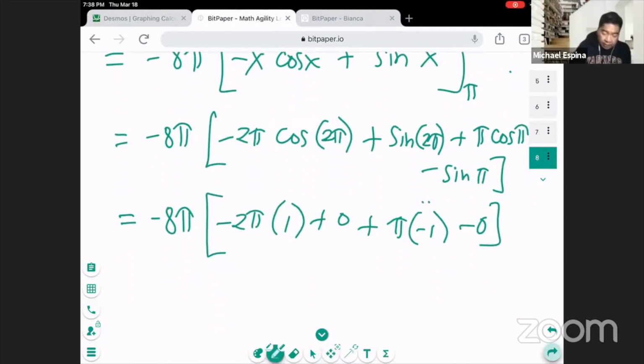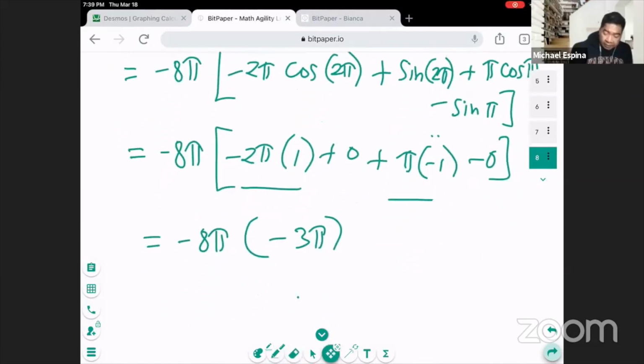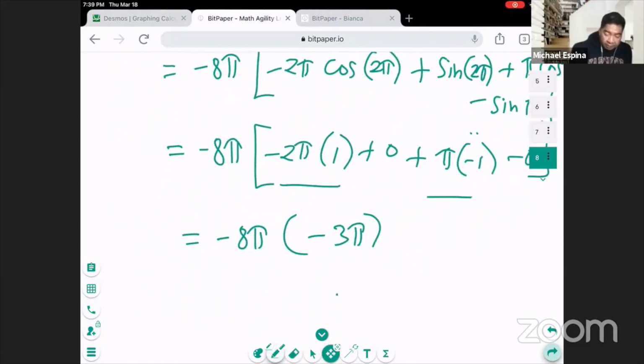So we can combine these two. Negative 2 pi minus pi is negative 3 pi. So negative 8 pi times negative 3 pi would give us, 8 times 3 is 24, positive 24 pi squared is our volume.